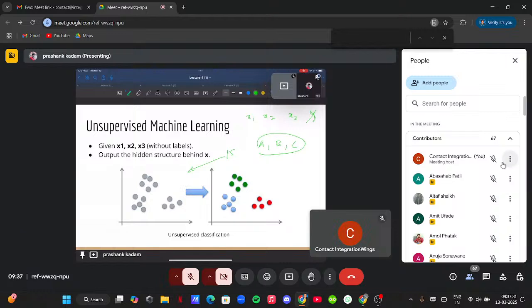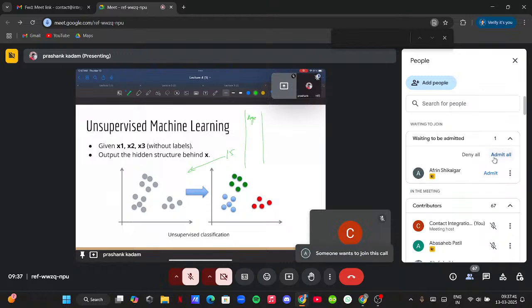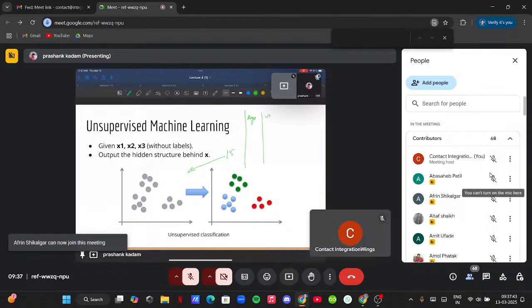What do I mean by this? We might have the age of each of these 15 people. You might have weight, skin color, medical condition, or some data. You might have 20 different features of each of these individuals in this data set.